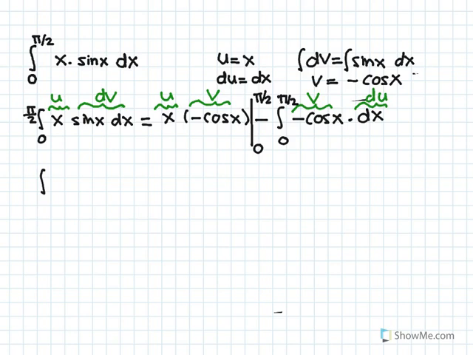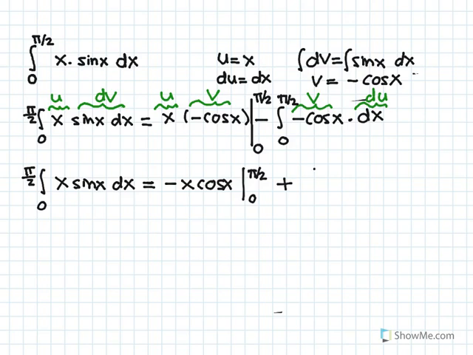Alright, so we have the integral from 0 to pi over 2 of x sine x dx, and that's equal to minus x cos x from 0 to pi over 2, plus the integral of cos x dx from 0 to pi over 2.